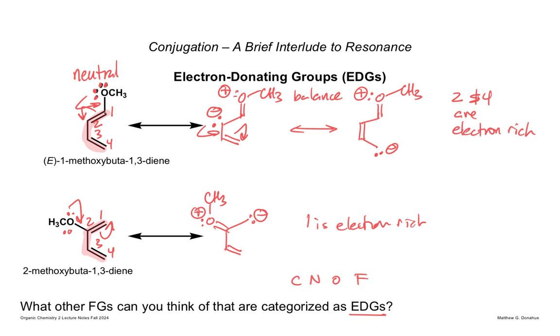So alcohols, ethers, those involve oxygen. What about nitrogen? Those would be things like amines. Amides.